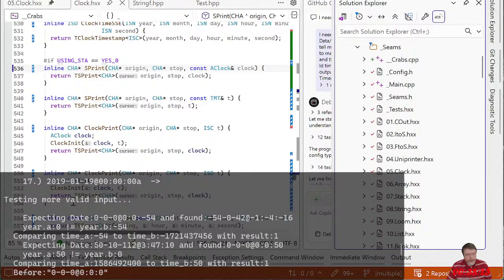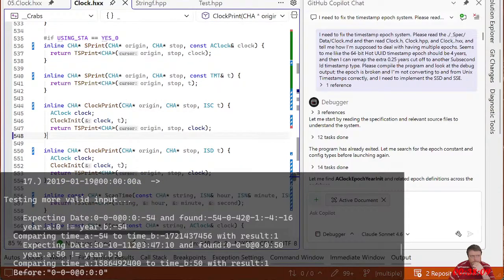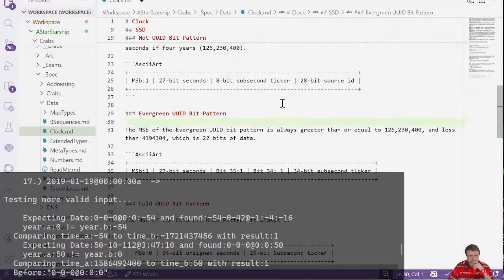Okay, so the evergreen bit pattern. I like this better because instead of taking some bits from here, I think I'm taking like half a bit from there.